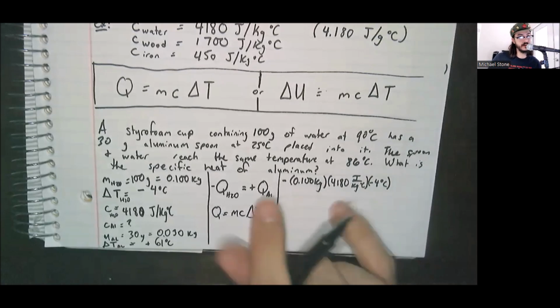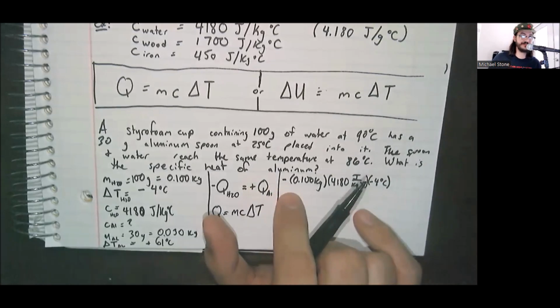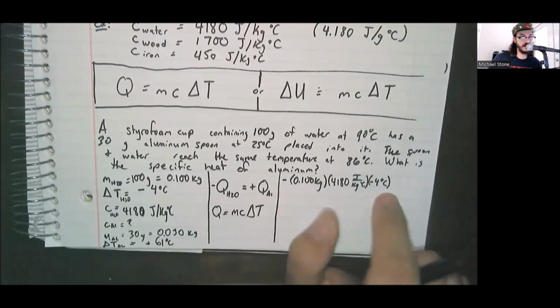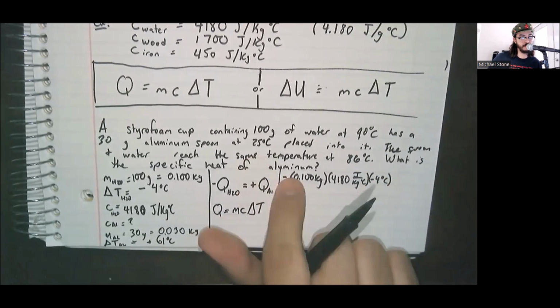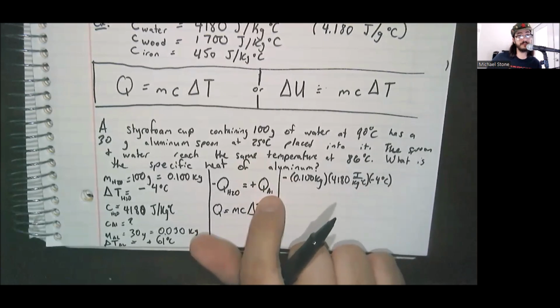You might be thinking, do we need to put that negative there? I mean, just keep track of it, because this is negative here. This negative is going to make it positive for when it goes over to the other side.